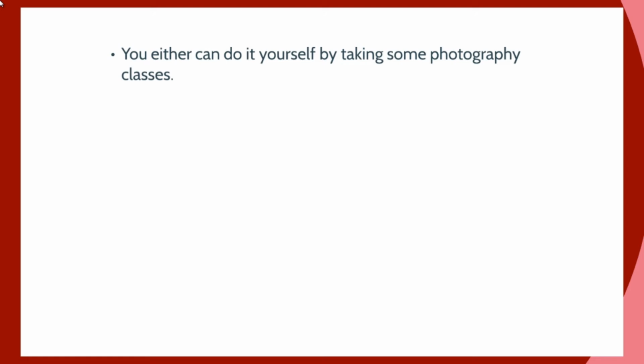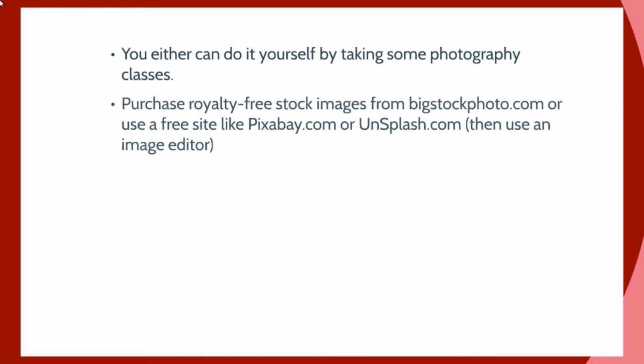Now, if that's not something that you really want to do, then of course you can purchase royalty-free stock images from bigstockphoto.com, which is essentially a humongous database of images where you can literally find images of any niche. So if you're looking for images for a baked potato or a chicken parmesan dish, you are more likely to be able to find that on these sites.